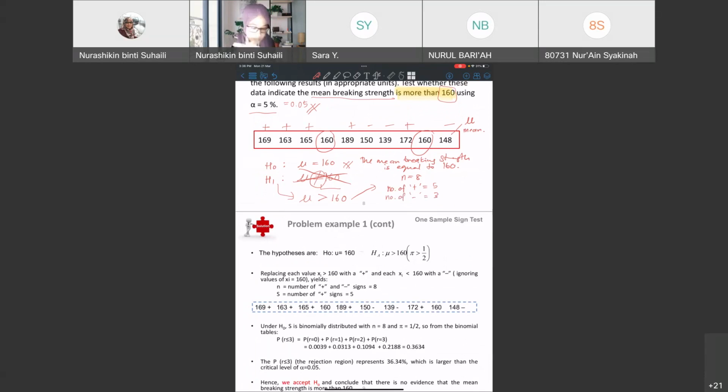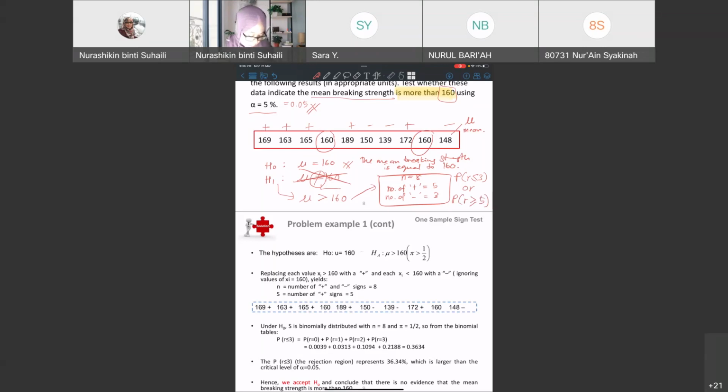Okay, so what you have to find in step number 4 is the probability of the event when R is less than or equal to 3 or R is greater than or equal to 5.